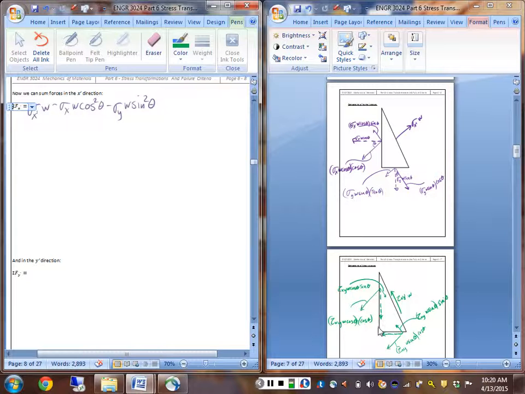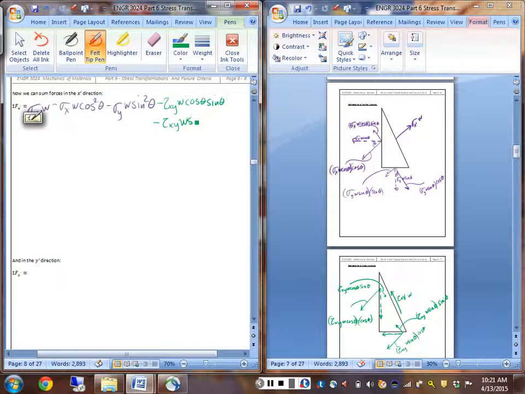What do we got in the x prime direction? We just have 2. And they're both minuses. So we have a minus tau xy, and these are cross terms, cos sine, and another minus tau xy w sine theta cos theta. And all that equals 0.